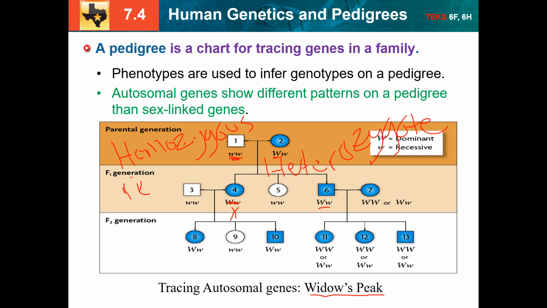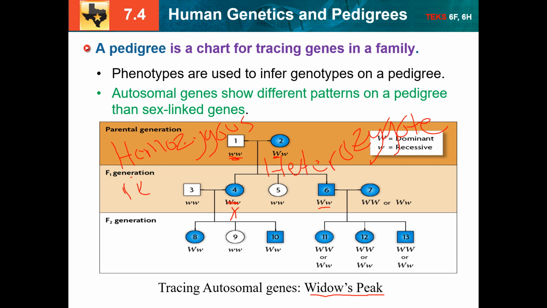So we know that this female has the widow's peak phenotype, and she's going to have to be heterozygous, capital W, lowercase w, because there's only one capital W in the parents.